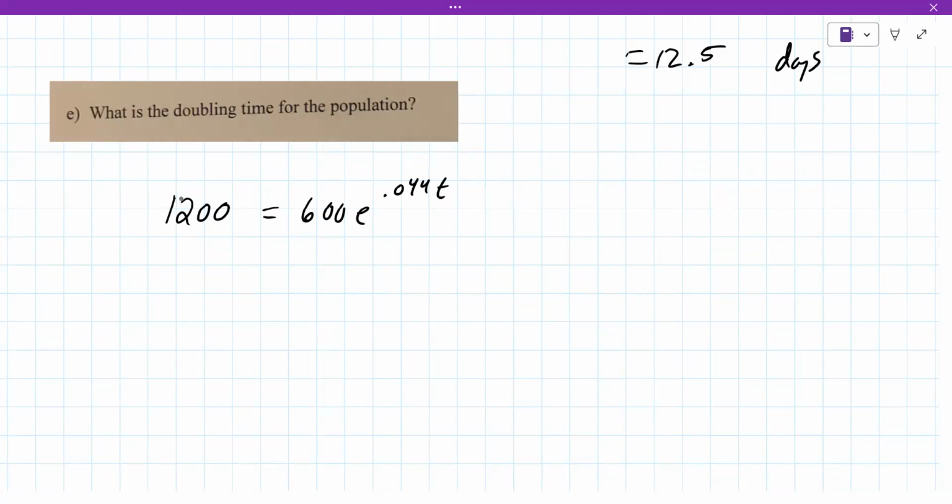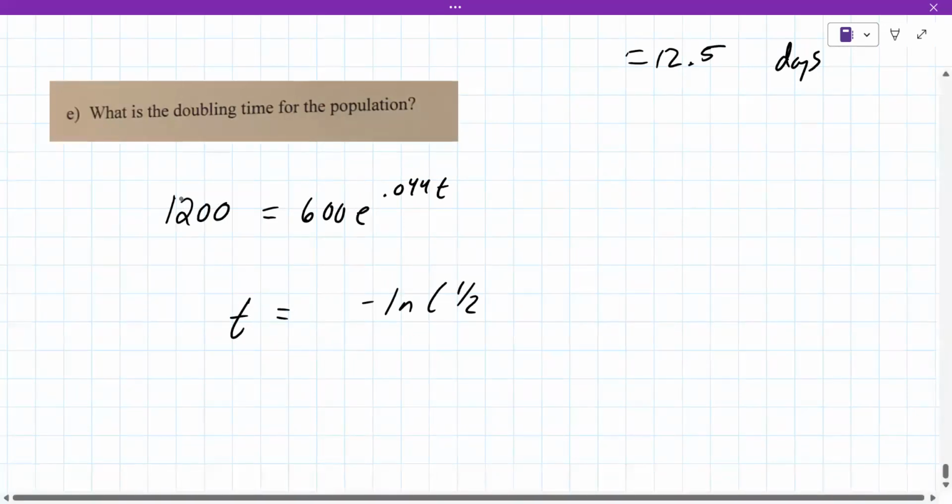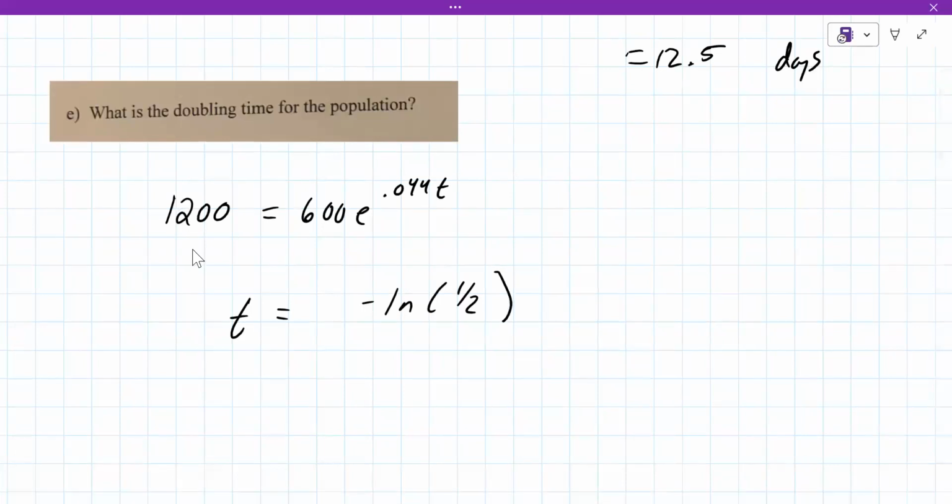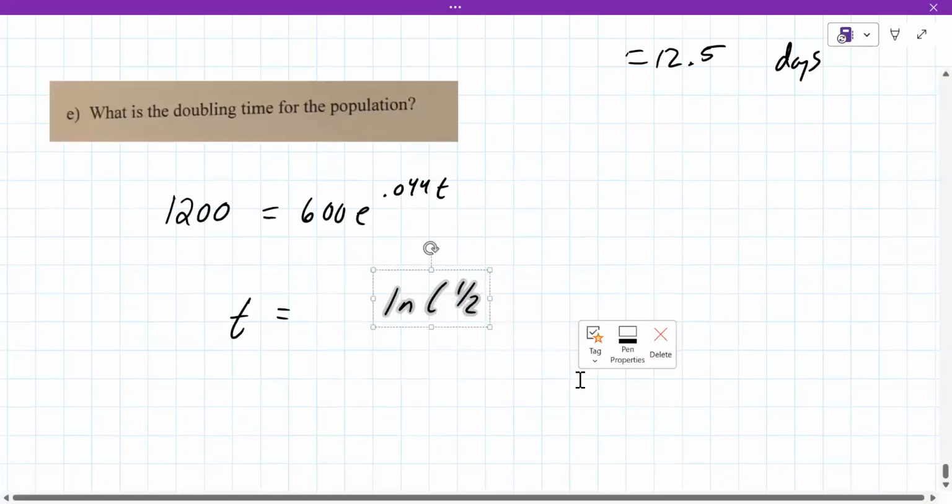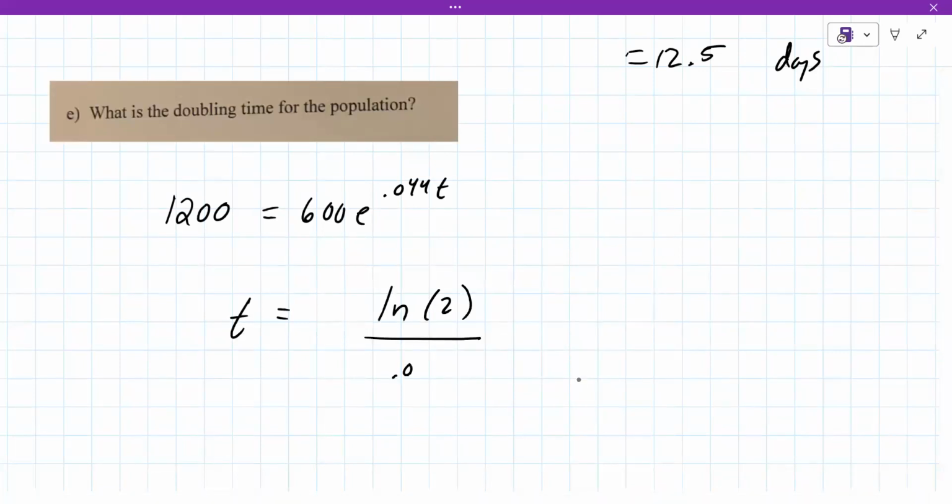Do you want me to show the steps or give you the shortcut? Shortcut. Okay, so the time is the natural log of 2 over 0.044. Sorry, I'm getting this all messed up because I am tired too.